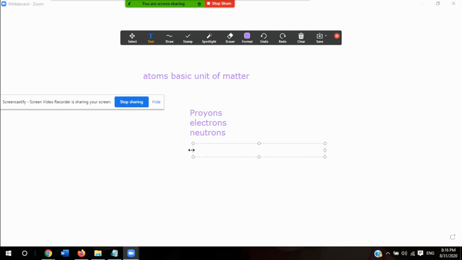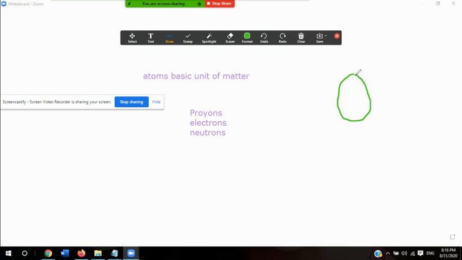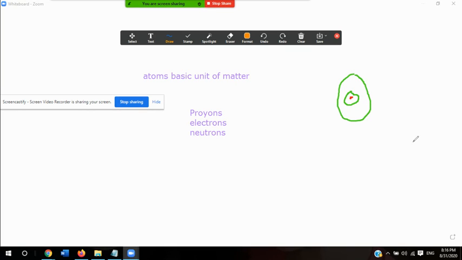Real quick, so you have an idea, I'm going to try to draw it here. Think of an atom kind of like a circle. Inside the circle, the atom has a nucleus, and inside the nucleus the atom has protons, which are the positively charged particles, and neutrons, which have a neutral charge.